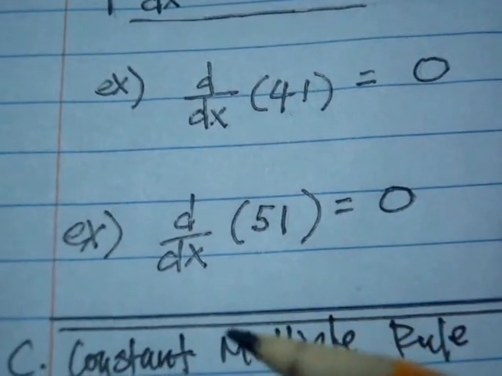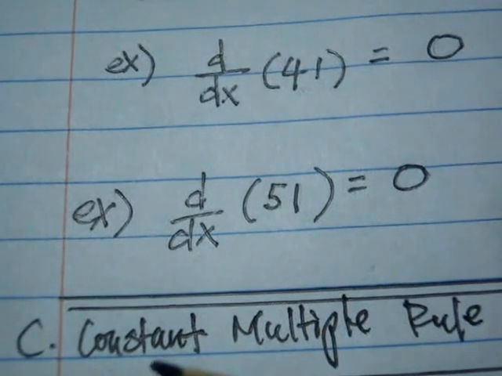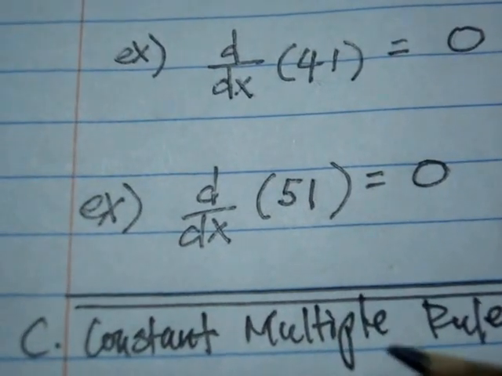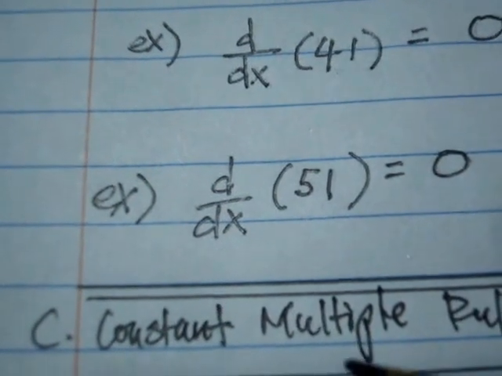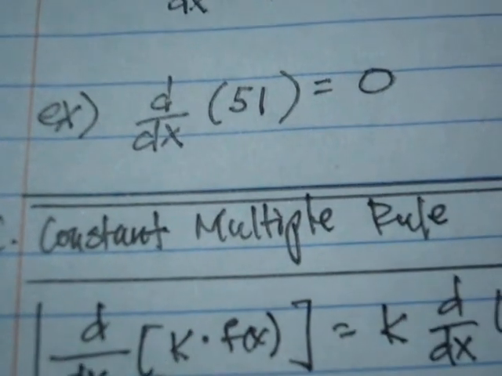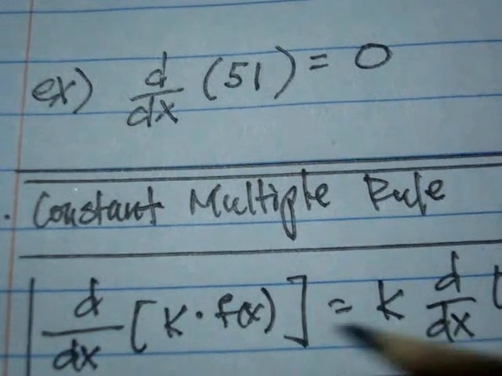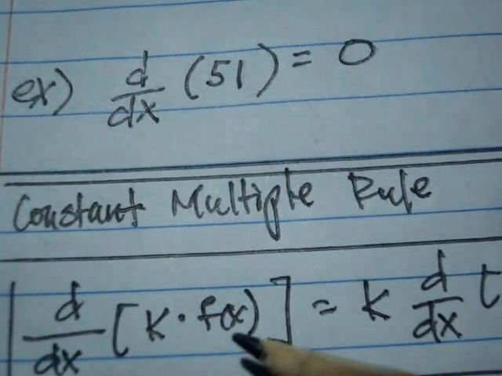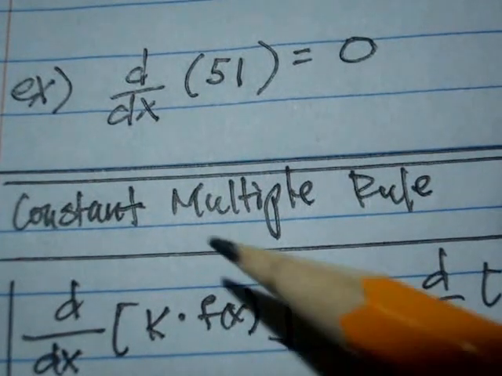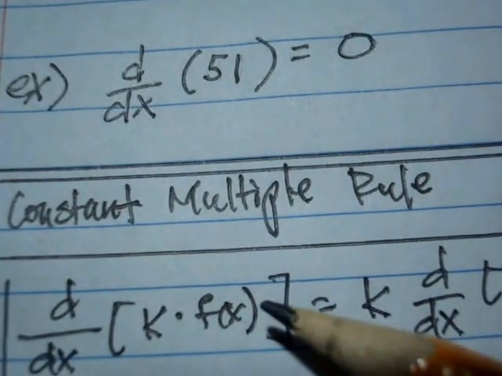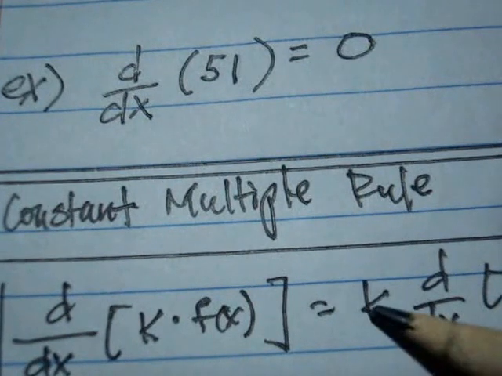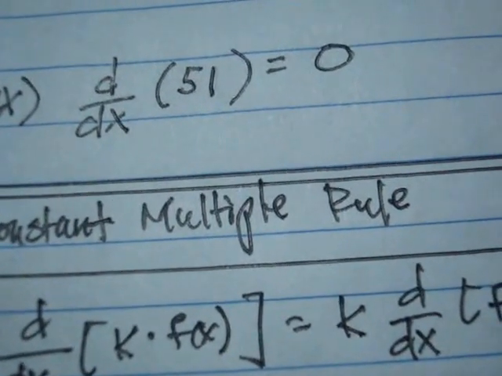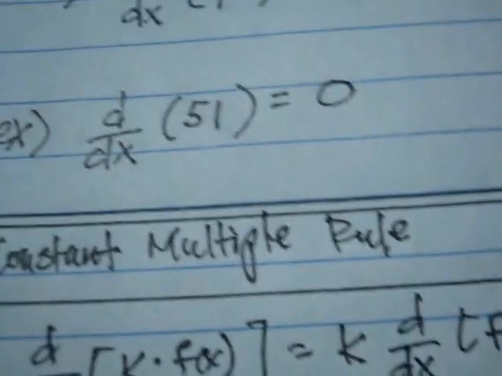Now let's talk about the third rule of the derivative, which is called the constant multiple rule. How do you recognize this rule? It's given in a form like this. Take the derivative of a constant times f of x. To solve this kind of form, you take out the constant and you take the derivative of this function right here.